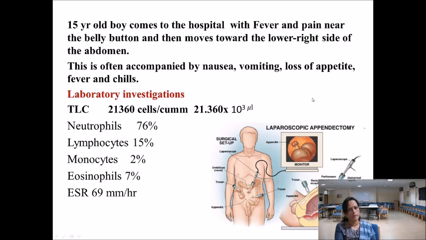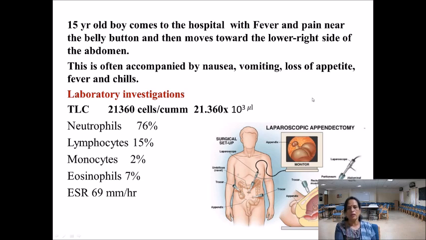So total count was 21,360 cells per cubic millimeter, or 21.360 into 10 to the power 3 per microliter. Neutrophils are 76%, lymphocytes 15%, monocytes 2%, eosinophils 7%, and ESR was 69 millimeters per hour.